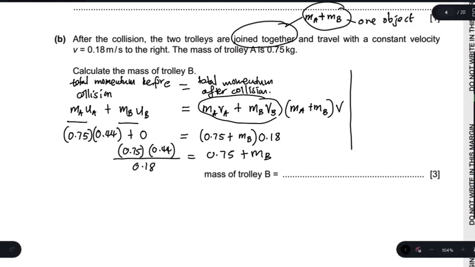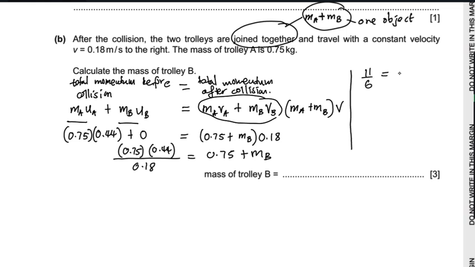Alright, let's see what we get from that division. 0.75 times 0.44 divided by 0.18. I'll leave it as a fraction because it's not yet the final answer. This is 11/6 equals 0.75 plus mB. So that means mB is equal to 11/6 minus 0.75.